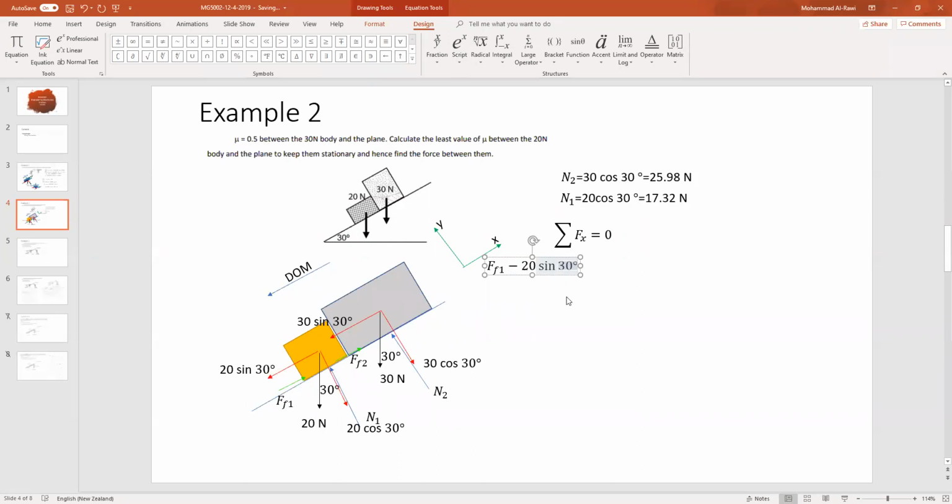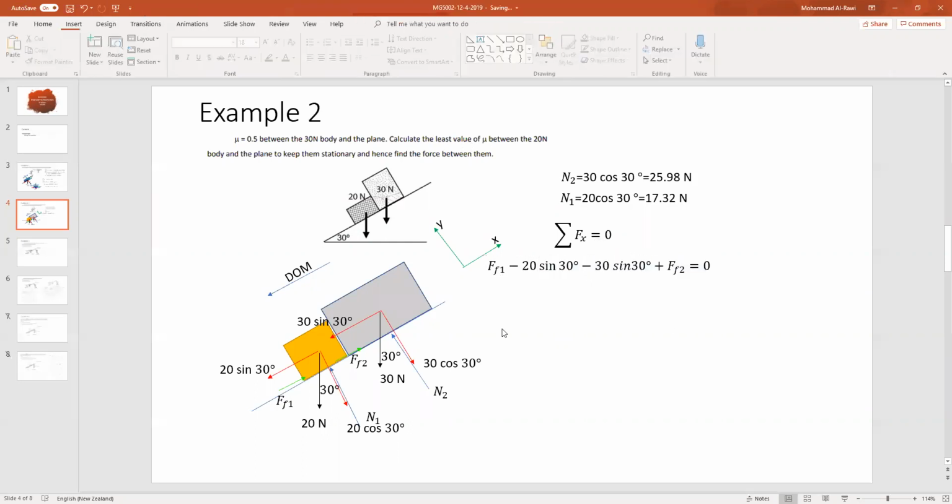I have minus the other 30 sine 30 degrees. And then I have the friction force F2, which we say plus because it's going upwards. Anything else? Nothing. So technically, that's all there is.